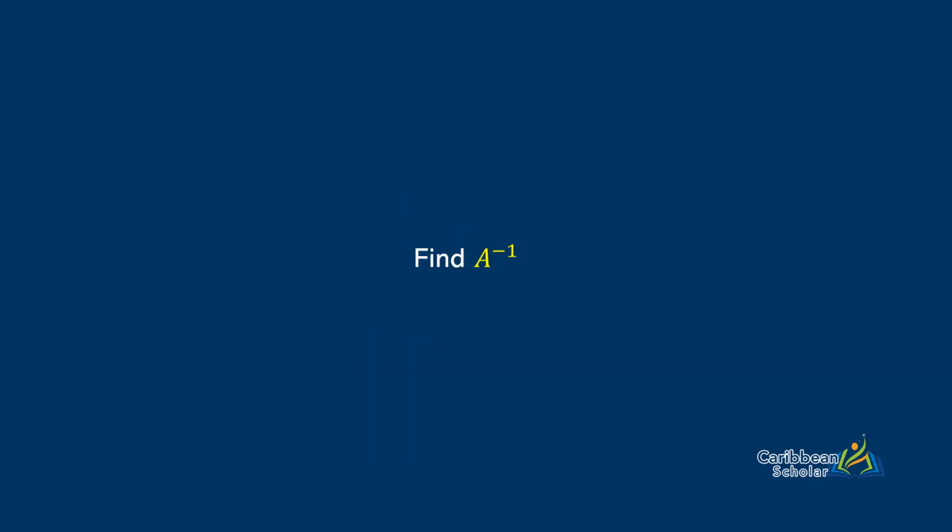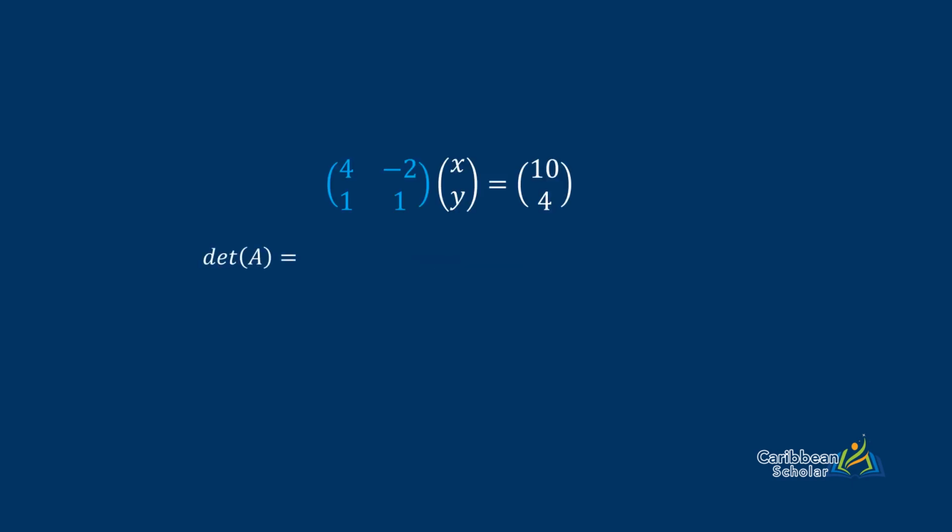Now, our second step is to find A inverse. A here is the matrix containing our constants. Let's start by calculating the determinant. So we have 4 by 1 minus 2 by 1, and this gives us 6.